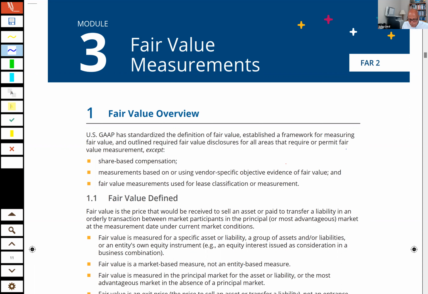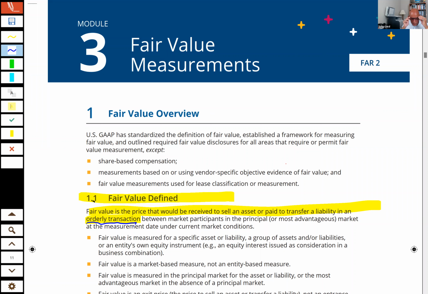So when we look at fair value, they tell us there's going to be an objective way to measure that. And it is the price that would be received to sell an asset or transfer a liability in an orderly transaction. Okay, some key phrases here. Orderly transaction. That is saying that I have time to properly market it, consider different offers, and pick the best offer.